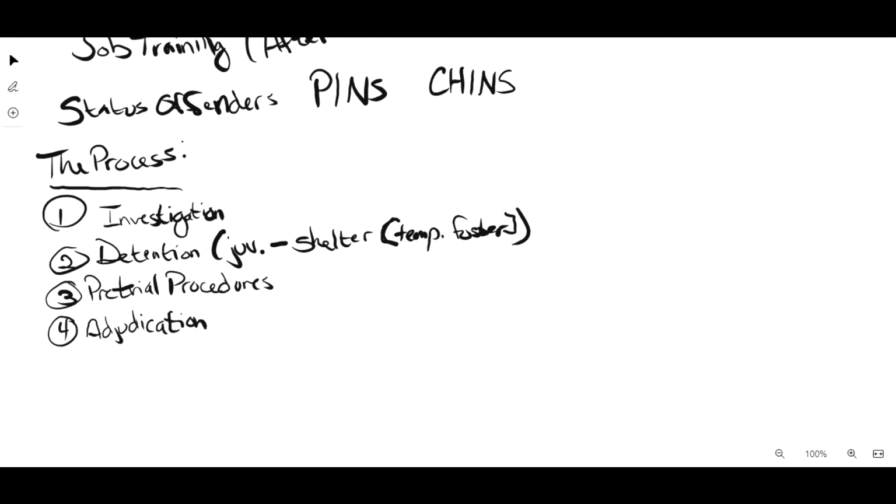So in the juvenile system, the court trial itself we call the adjudication phase or step in the process. It's just the trial itself. This is where the individual gets read all the things and puts in their plea and has the evidence presented, and that's when all that fun stuff happens.